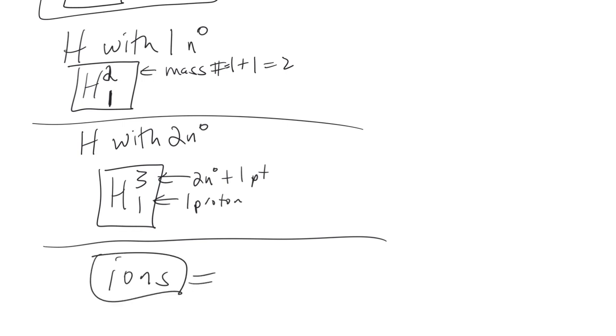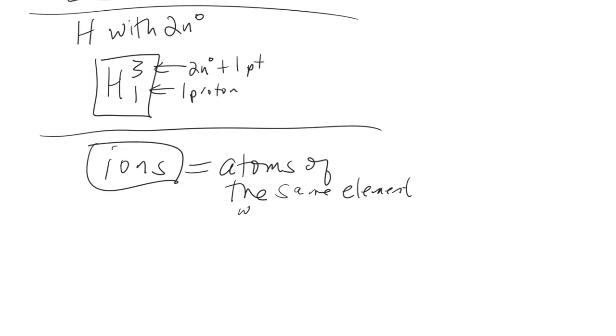Ions are atoms of the same element with different numbers of electrons. Atoms of the same element with different numbers of protons? That doesn't make sense. If atoms have different protons, they aren't the same element.